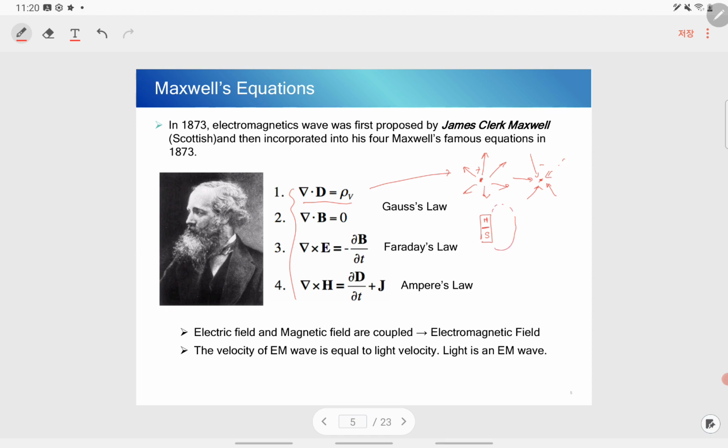The magnetic field is generated and ends in this NS combination, not just N. So we cannot make a magnetic field from an N magnet alone. This is the H field or B.